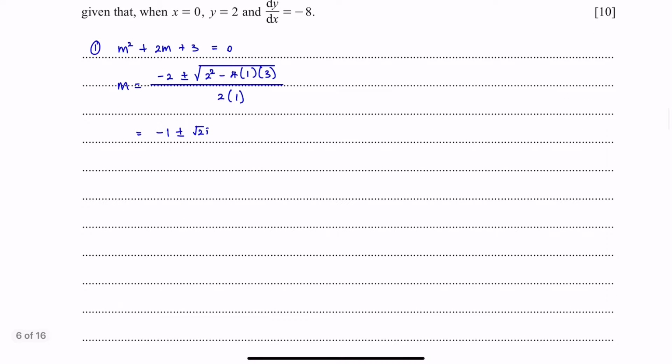So when m is not a real number, we write the complementary function in this format: A cos root 2 x plus B sin root 2 x, times e to the power of negative x. And how do I get that?